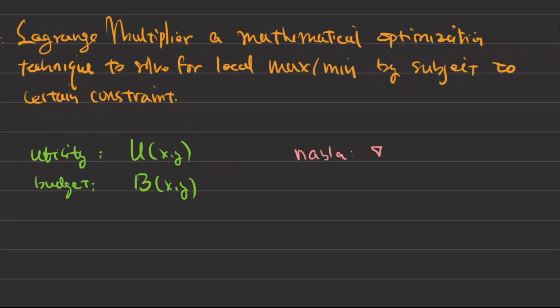So if I write nabla of u, what really is going on here is the change of function u with respect to x and y, and this really gives you a set of partial derivatives. So what that means is partial u over partial x, partial u over partial y. So that's essentially what this nabla symbol is doing when you apply that in front of the function.